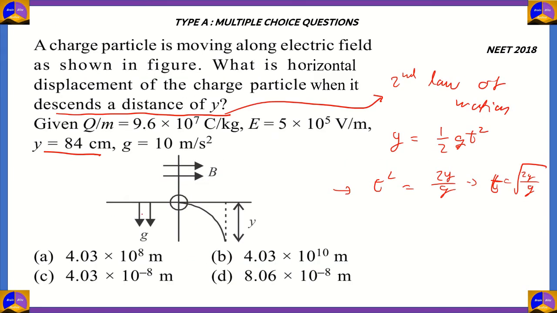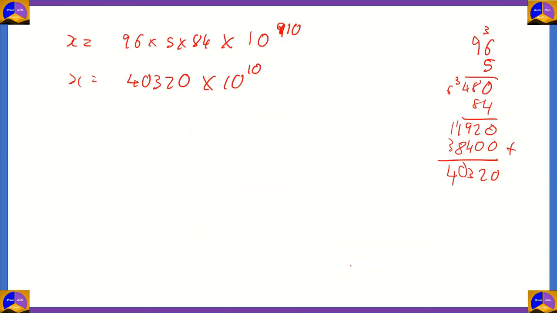Now, if you look at our options, you can see that most of these answers are in the range of 4.03. So now you can cancel out option D, 8.06, because that's not there.